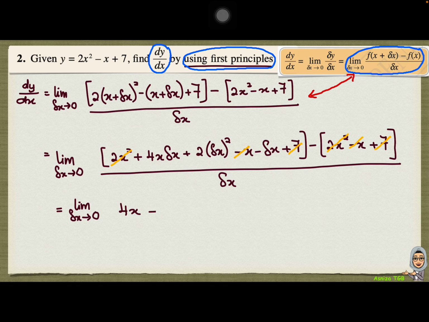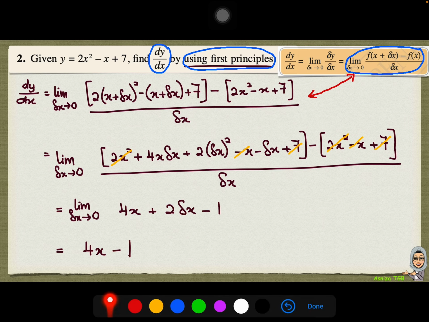So here we have the limit as delta x approaches 0 of, and then we divide by delta x. 4x delta x divided by delta x, we have 4x. 2 delta x squared divided by delta x, we have 2 delta x. Minus delta x over delta x is 1. So here I strictly simplify the expressions.